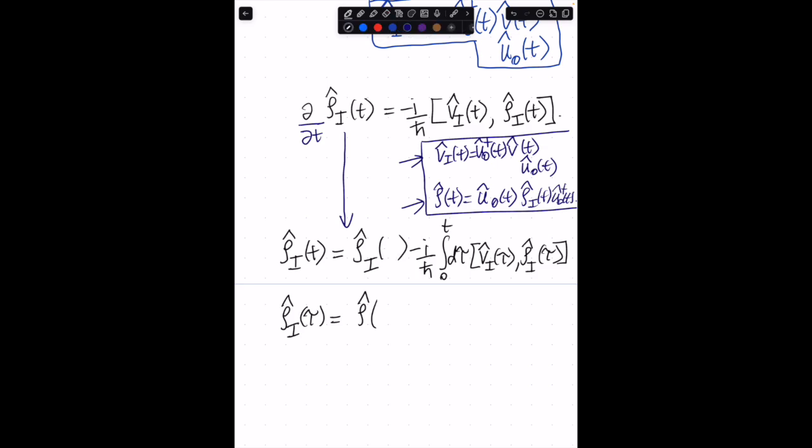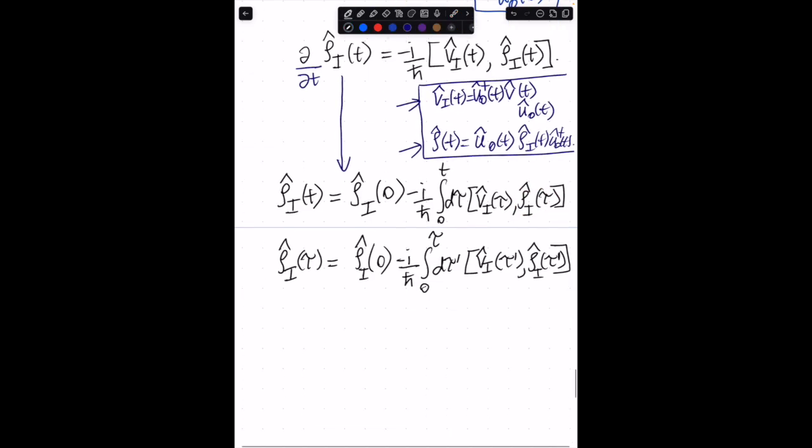Sorry, I'm not using the t naught label, I'm using 0. So rho hat I(0) minus i over h bar, integral from 0 to tau d tau prime, where tau prime lies between 0 and tau, V hat I(tau prime) rho hat I(tau prime). And now this can be reintroduced here.